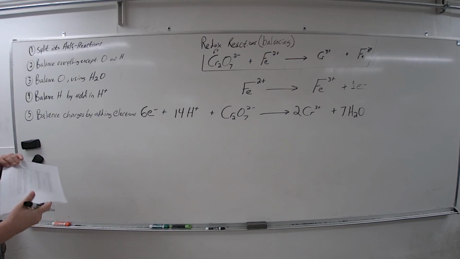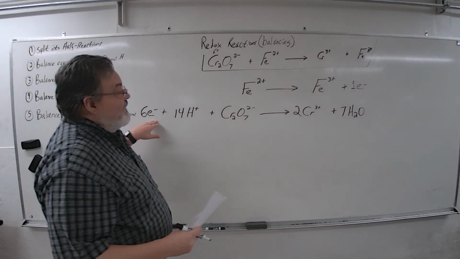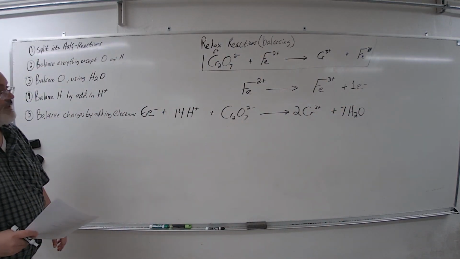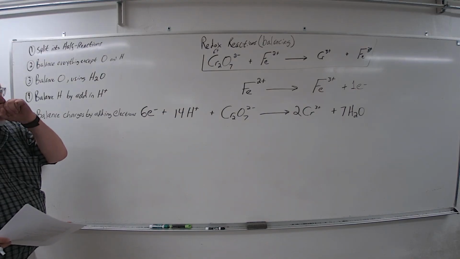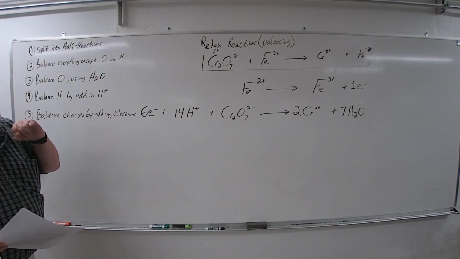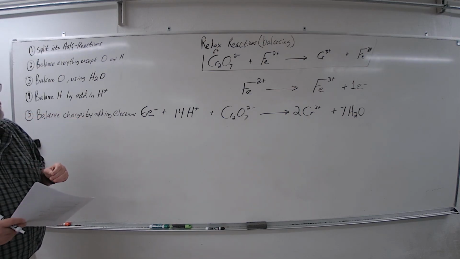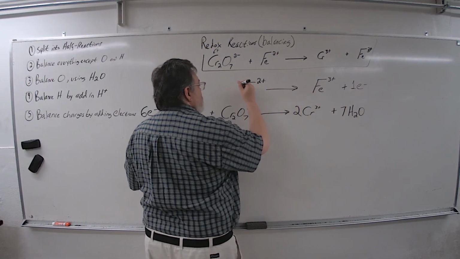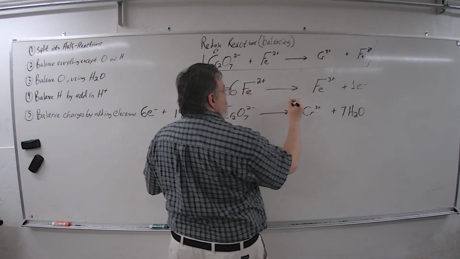One more thing to do is to make this number of electrons and this number of electrons the same. So what I need to do is multiply. I think I just multiplied by 6. I don't know why that seemed wrong. What I'm saying is I multiply all of this by 6.